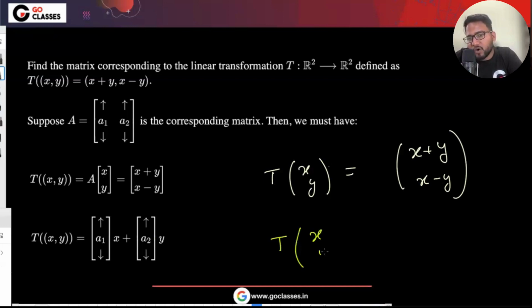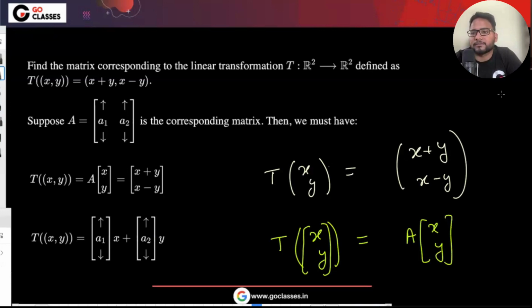It means that T of x, y should be equal to some matrix A into x, y, such that you finally get x plus y and x minus y.